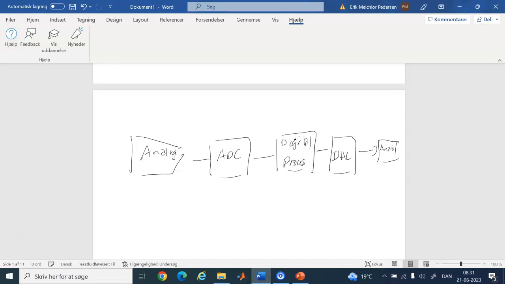There are analog filters. The first one on the input is called an anti-alias filter, and the last one is called a reconstruction filter.